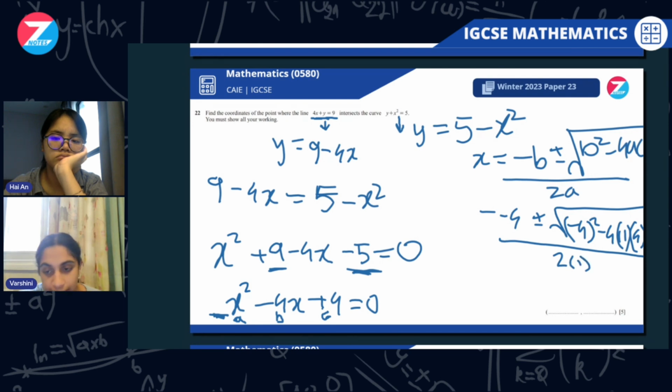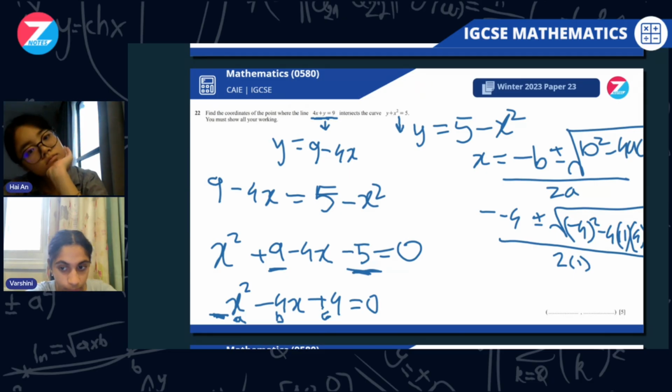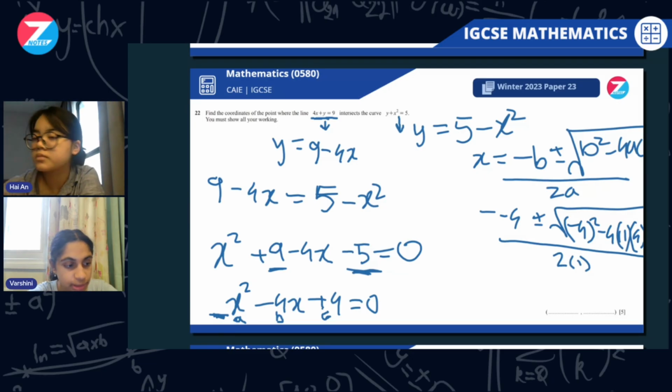We can use our calculator to give us the value to make sure we're not making any mistakes, because all we need to do is show that we have done the working. The quadratic formula will give you the same answer. If you put in 1, minus 4 and 4, you should get x equals 2.